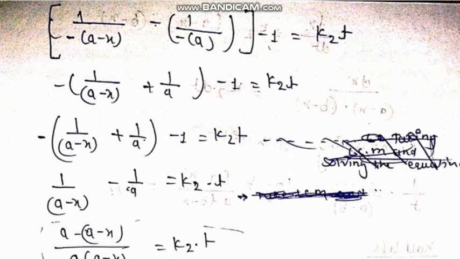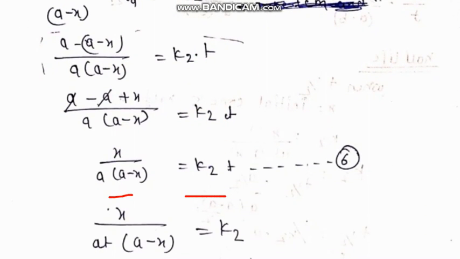The equation becomes 1 upon a minus x minus 1 upon a is equal to K2 t, and then a minus (a minus x) divided by a bracket a minus x is equal to K2 t. If we open the bracket, then a positive will be cancelled by a negative, and the equation becomes x upon a bracket a minus x is equal to K2 t.